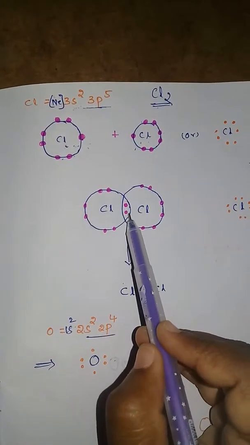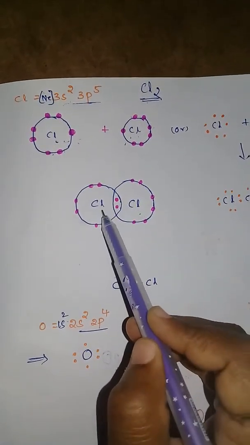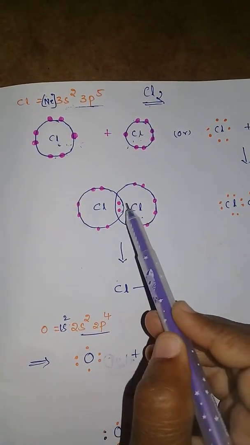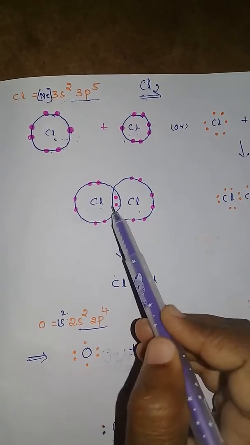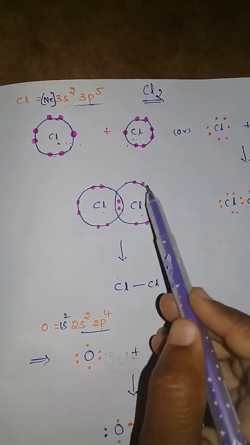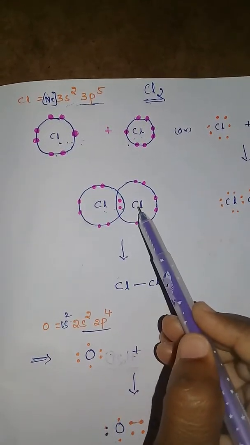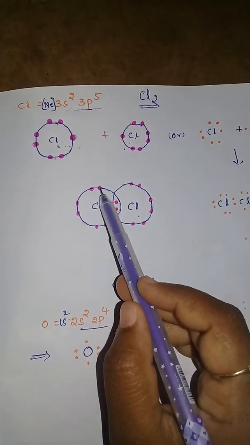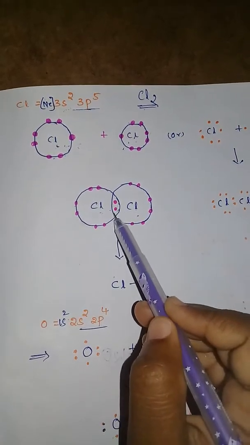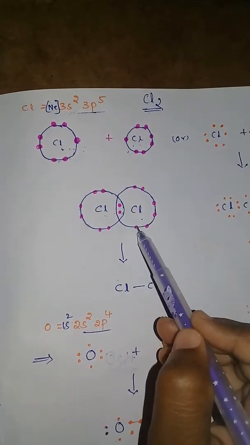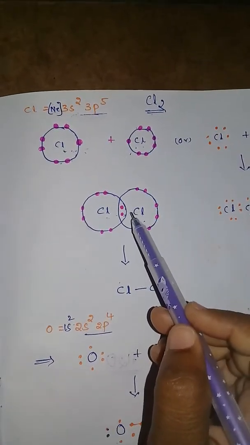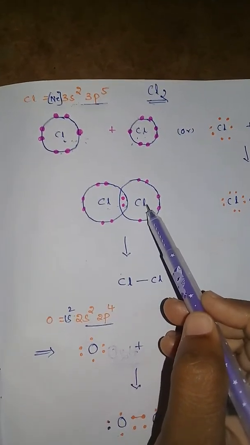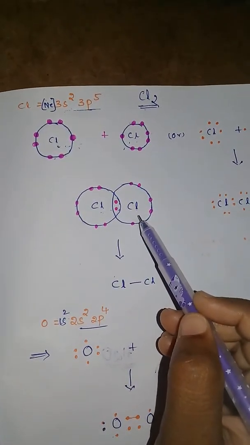So this chlorine shares 1 electron and this chlorine shares 1 electron. After sharing of two electrons between these two atoms, these two chlorines attain octet structure or stable structure. So each chlorine has 1, 2, 3, 4, 5, 6, 7, 8 electrons. Both chlorines have 8 electrons each, so the Cl2 molecule is stable.